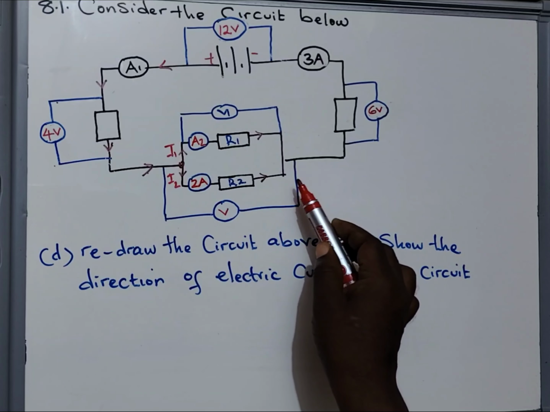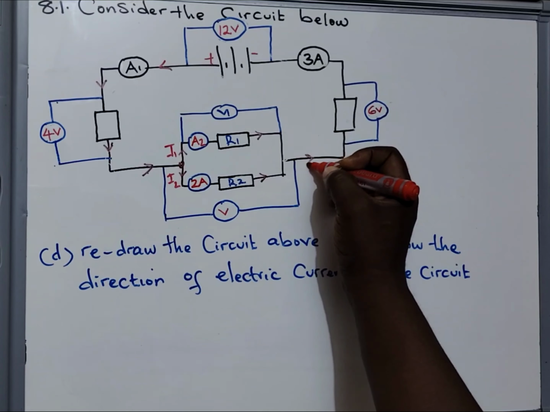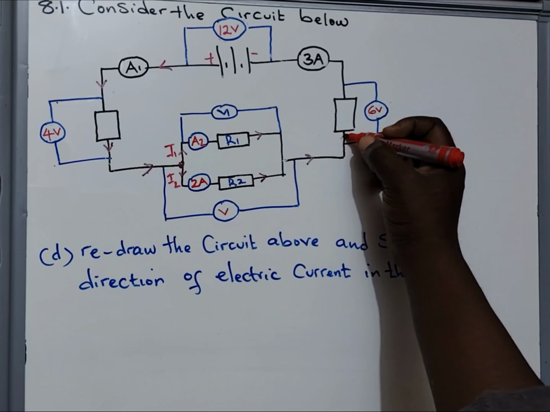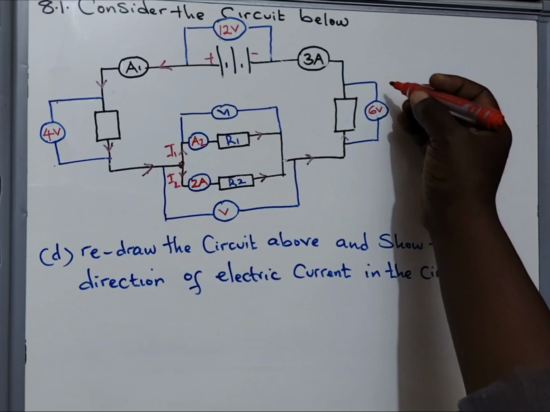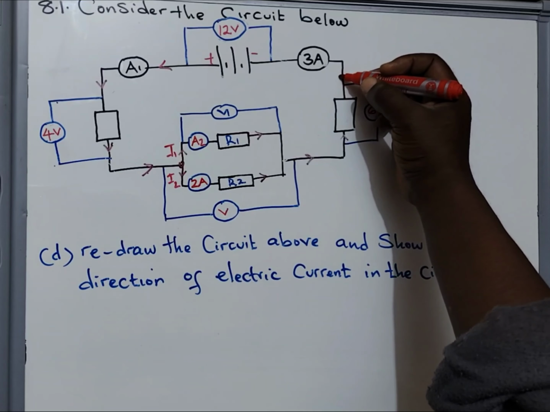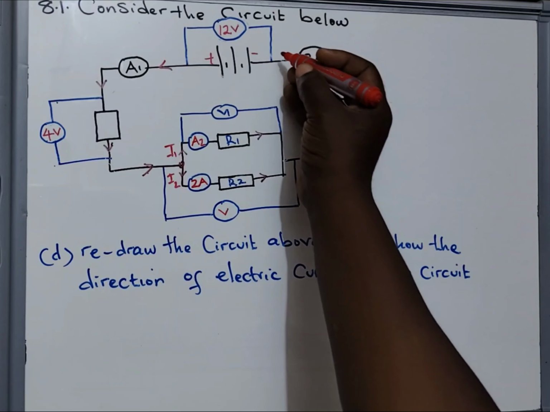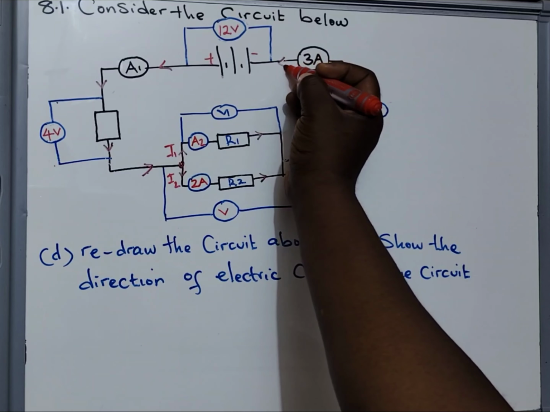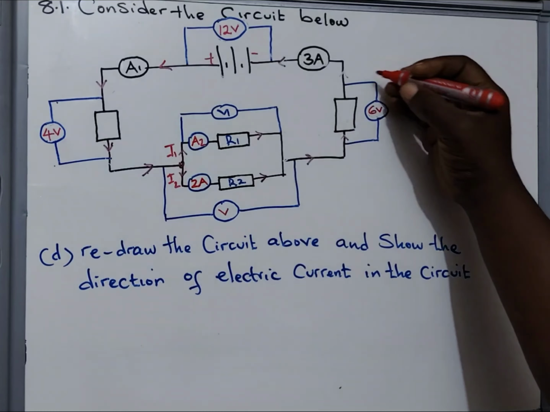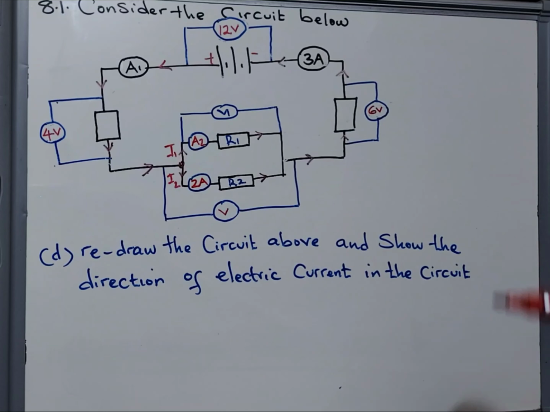They have infinite resistance. So here, it combines to proceed. And here, it goes up. Remember, it doesn't pass through the voltmeter for the reason we know. Then we proceed here, and it comes back. That's the trace of the flow of current in this circuit.